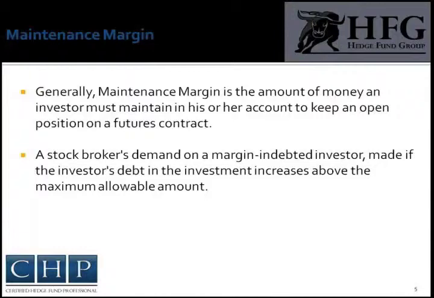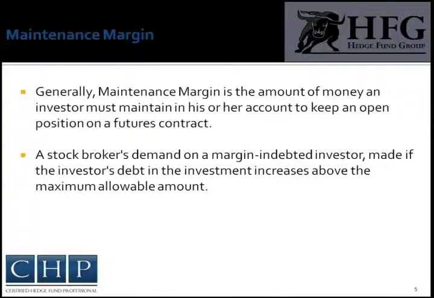A margin call is a stockbroker's demand made on margin-indebted investors if the investor's debt in the investment increases above the maximum allowable amount, to increase the amount of cash or other collateral in the equity account, and to bring the investor's margin back down to the maximum allowable level.